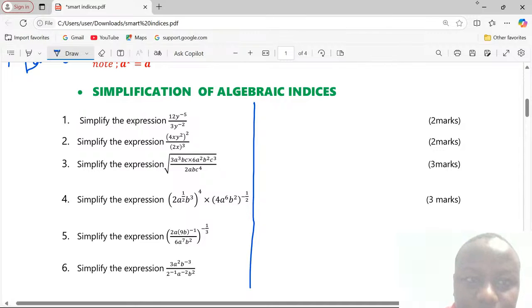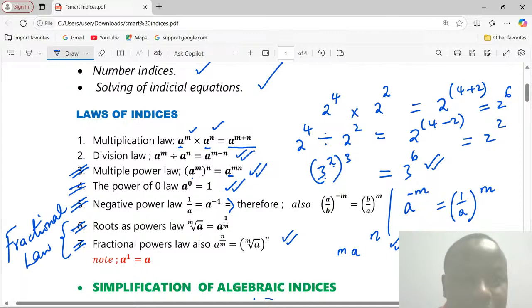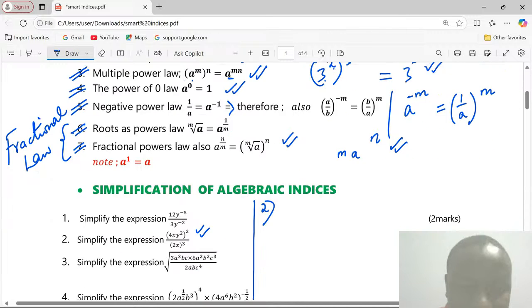We can look at number 2 and the appropriate law that we're going to apply. Simplify. Inside the brackets, we have everything raised to power 2, and the denominator also has everything raised to power 3. This means we're supposed to apply the product law, whereby we raise everything to power n.